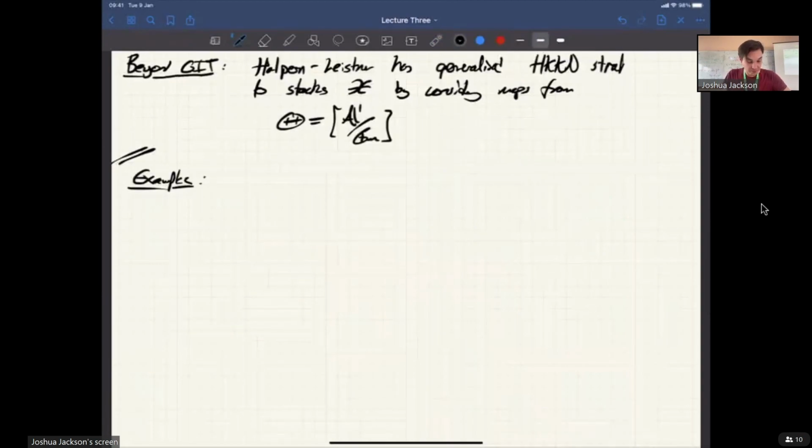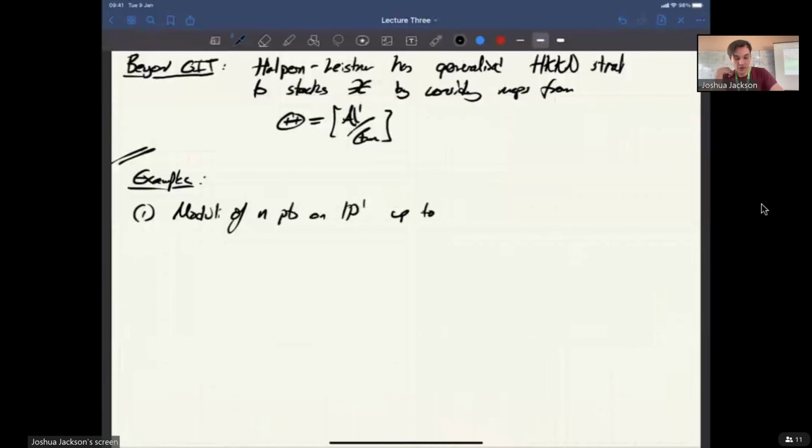Right. So the first example is maybe the nicest: moduli of n points on P1 up to, let's say, SL2.